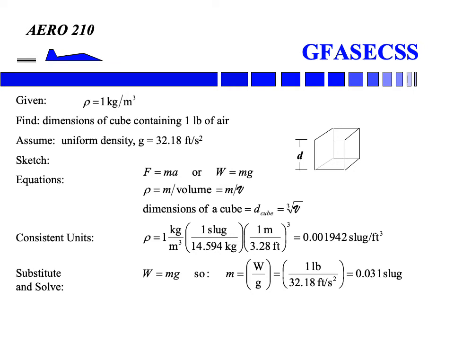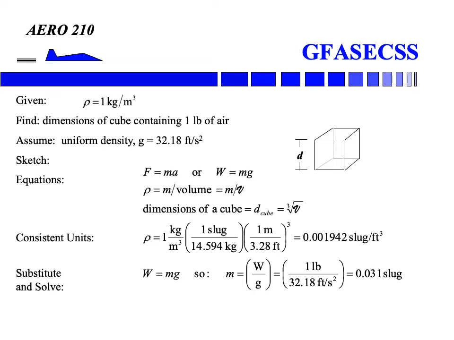First, we're going to use Newton's second law, F equals ma, or in this case, weight is equal to mass times the acceleration of gravity. We need that because the density is given in mass per unit volume, and pounds is a measure of weight. So we're going to have to convert from mass to weight, and that's why we need that acceleration of gravity.